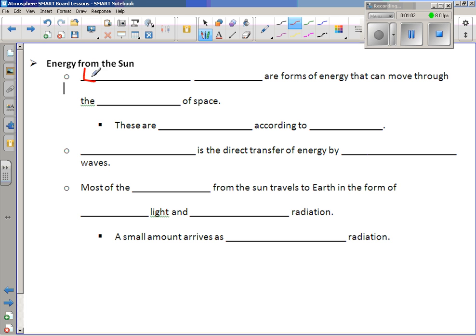Electromagnetic waves are forms of energy that can move through the vacuum of space.